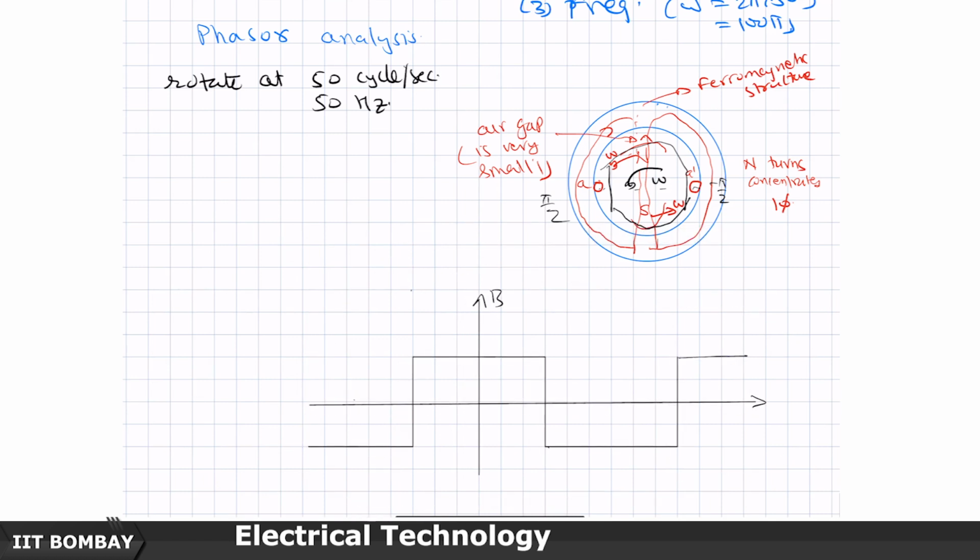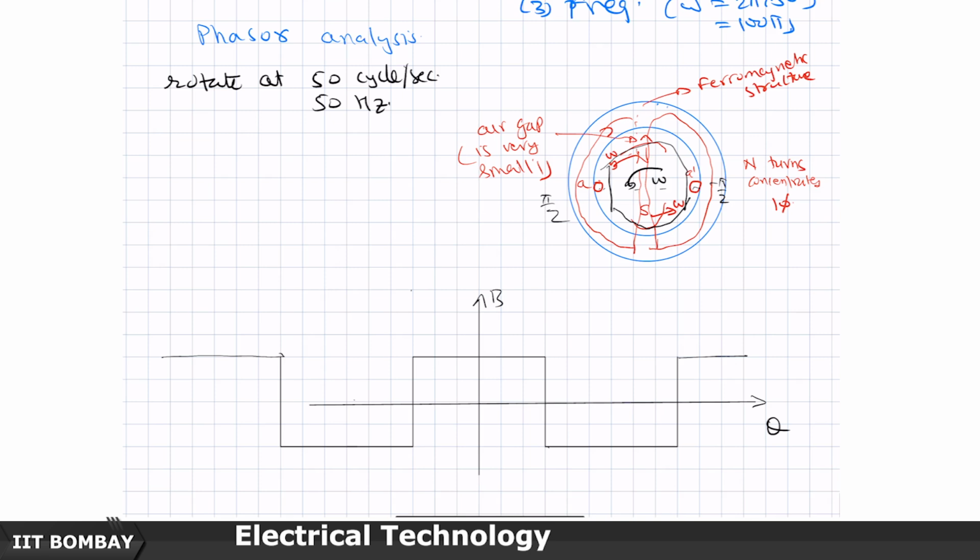So now I can make 1, 2, 3, 4, 5, 6. So this completes one cycle. Then this will go like this. The point which I am trying to make is the angle theta which is drawn here.